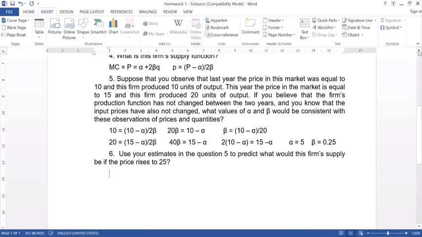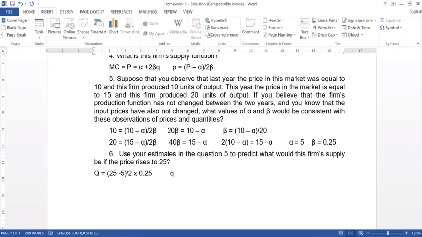We use the supply function: Q equal the market price 25 minus alpha, which is 5, divided by 2 beta, which is 0.25.